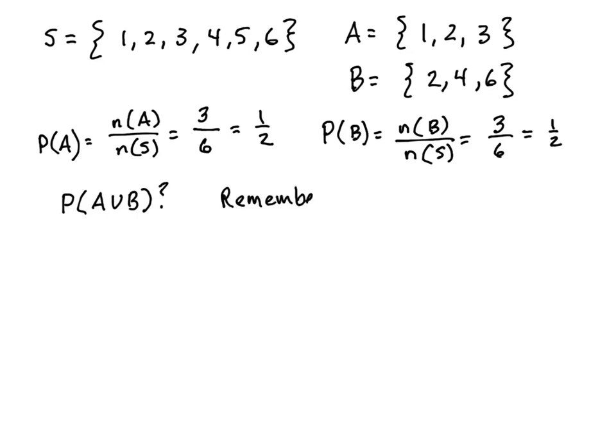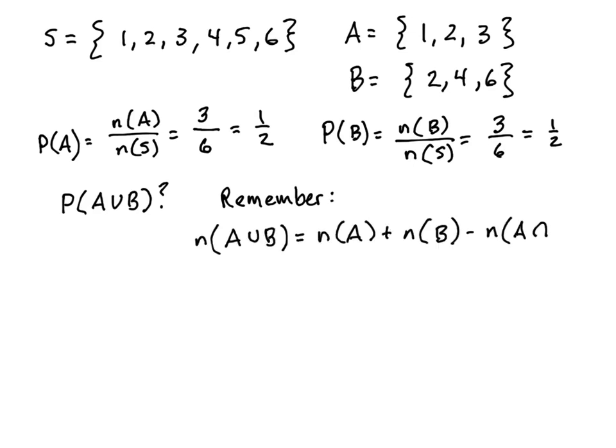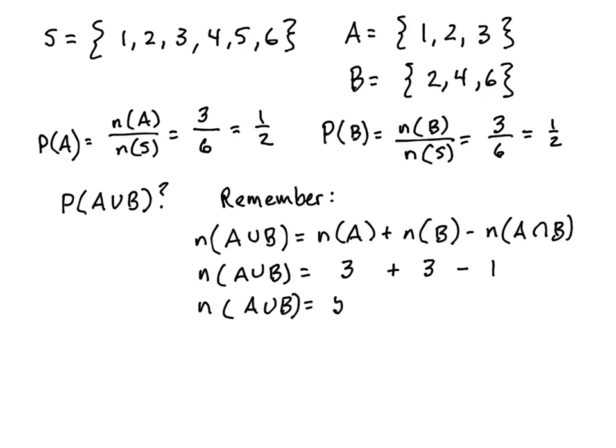Remember the formula that we had for cardinality: the number in the union would be the number in A plus the number in B minus the number in A intersect B. When we do the calculation, we know that there are 3 elements in A, 3 elements in set B, and the intersection of the two, the 2, exists in both A and B, so we get the union of A and B as 5.